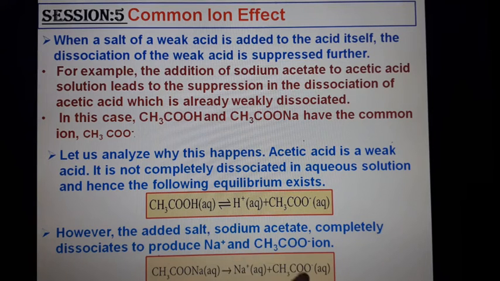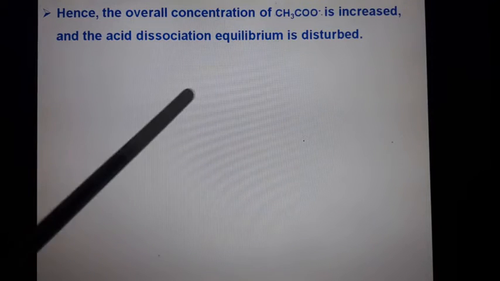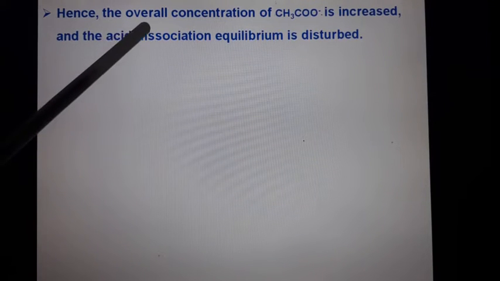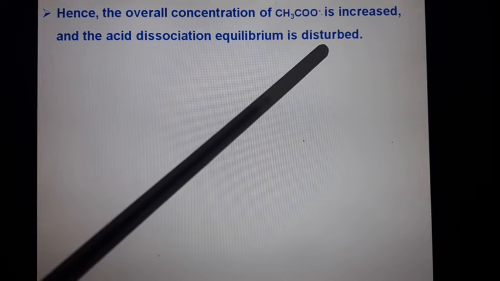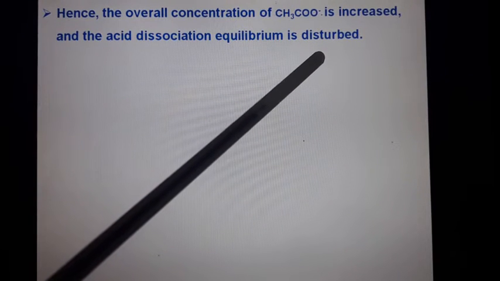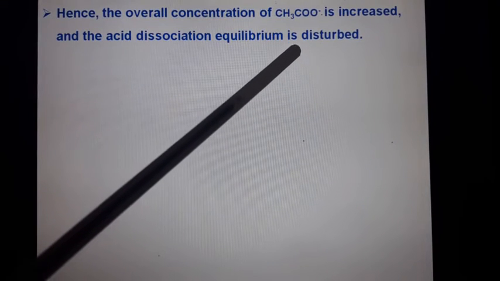In both equations, the CH3COO minus ion is a common ion. Hence the overall concentration of CH3COO minus is increased.